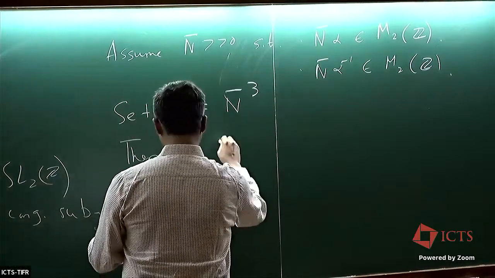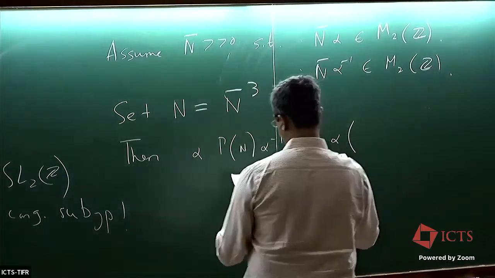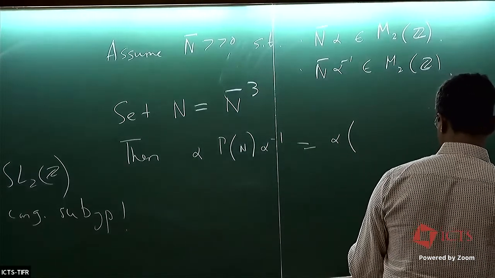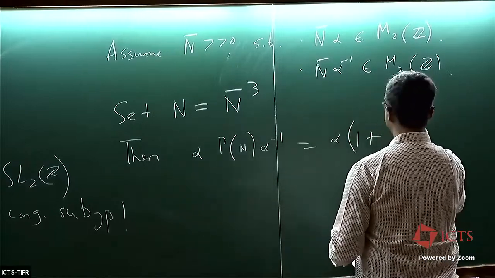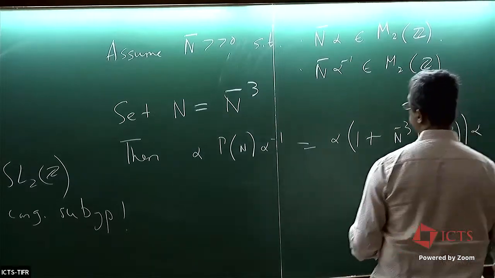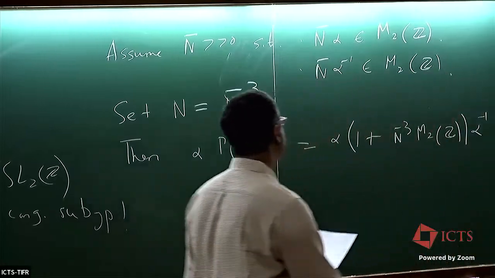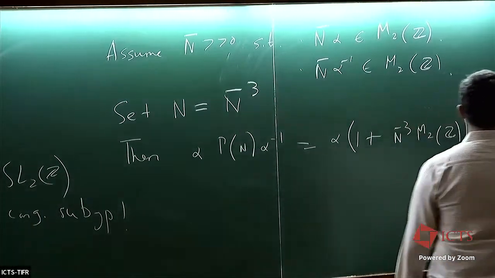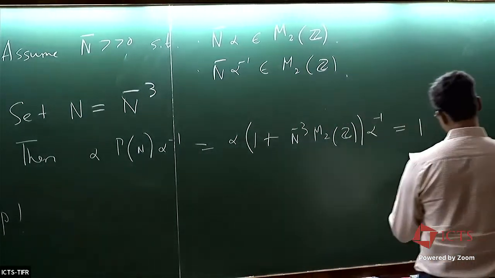Okay, so a small computation. Let's compute alpha gamma N alpha inverse. What is this? By my definition of N, it's alpha (1 plus N bar cubed M2Z) alpha inverse. Now let's write this as 1, since alpha with alpha inverse just gives you 1 here. And let's distribute the N bars nicely.